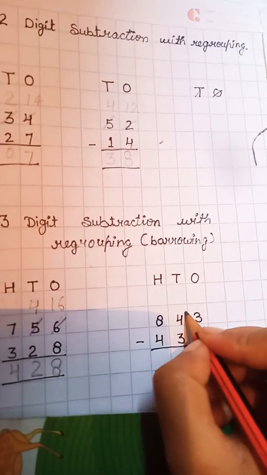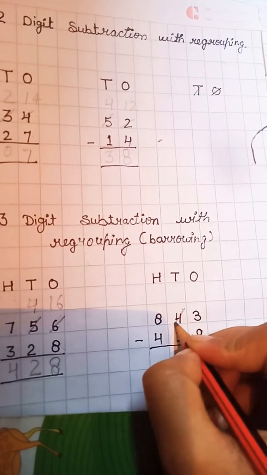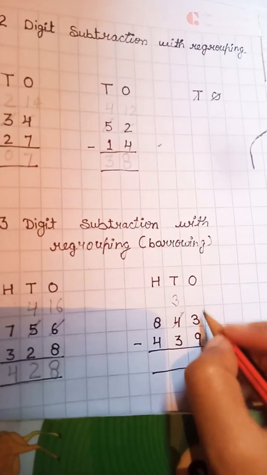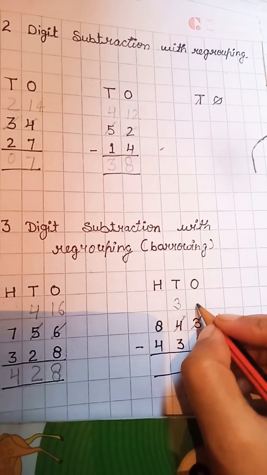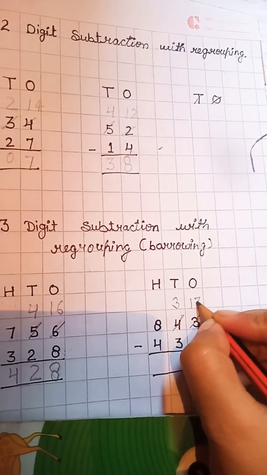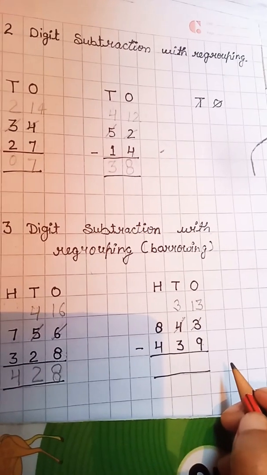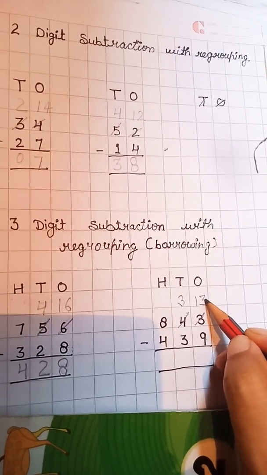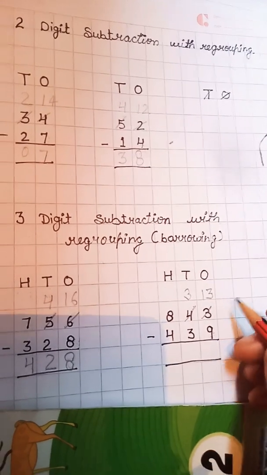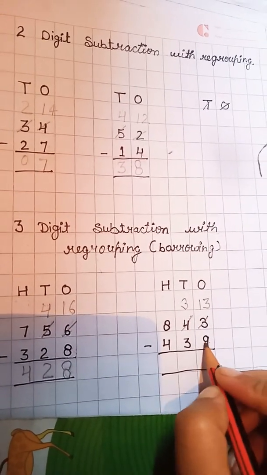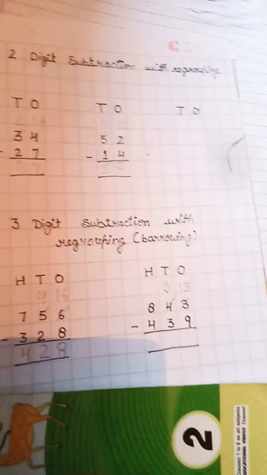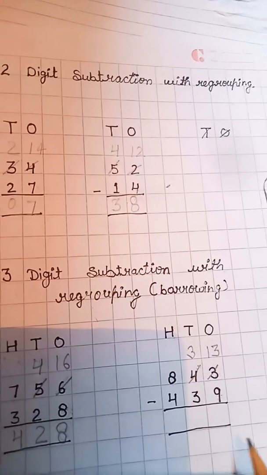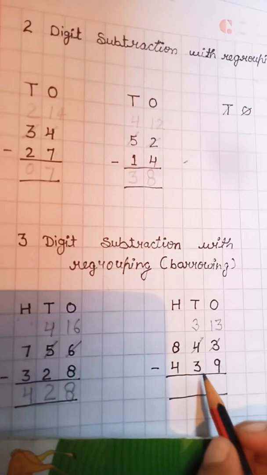So 4 becomes 3 and 3 becomes 13, right? And 13 minus 9 is 4.